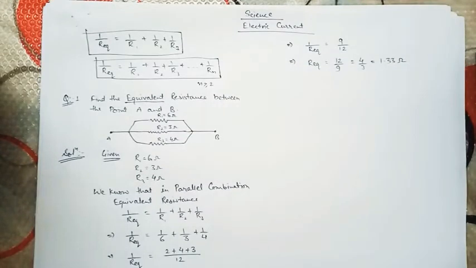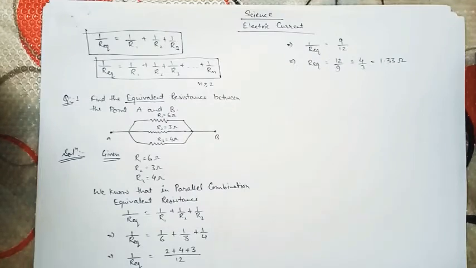Sometimes in a question it is not given that it is a parallel combination. It can be termed by another name, that is, find the maximum resistance or find the minimum resistance. Now we are solving the question based on the minimum resistance.